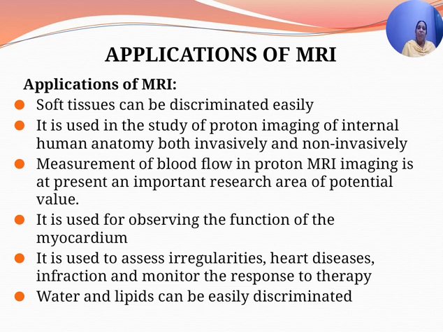Measurement of blood flow in proton MRI imaging is at present an important research area of potential value. It is used for observing the function of the myocardium, that is the heart. It is used to assess the irregularities and heart diseases and infarctions and monitor the response to therapy. Water and lipids can be easily discriminated using MRIs.